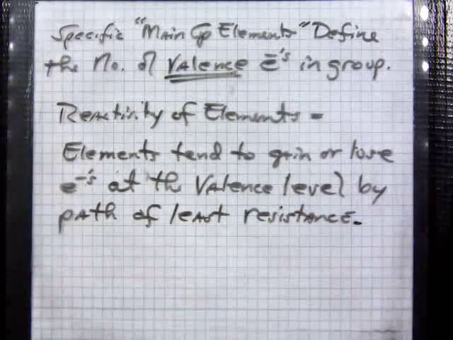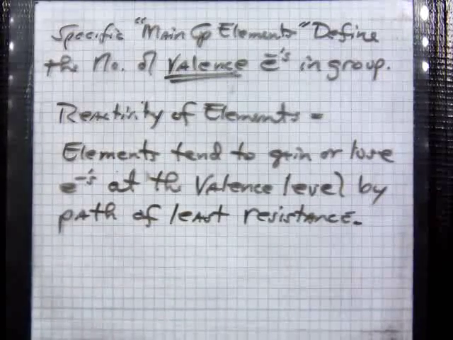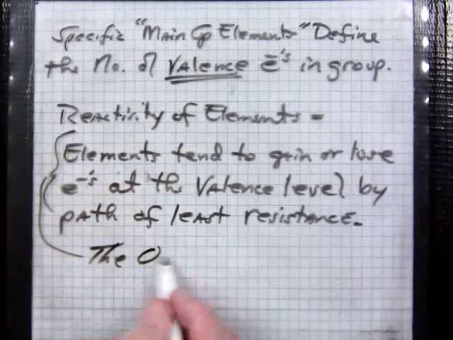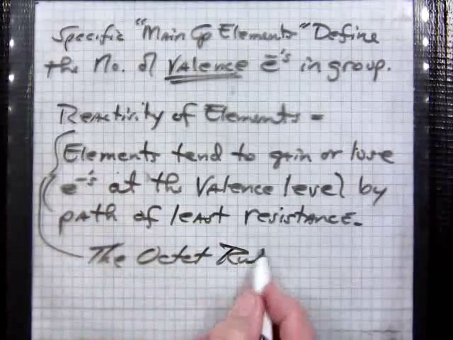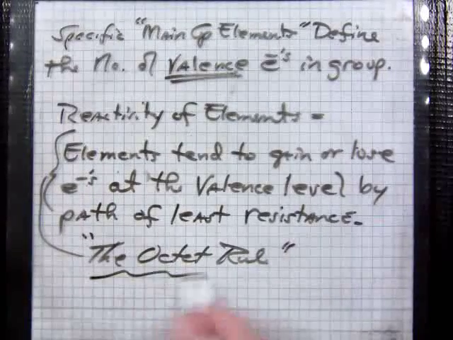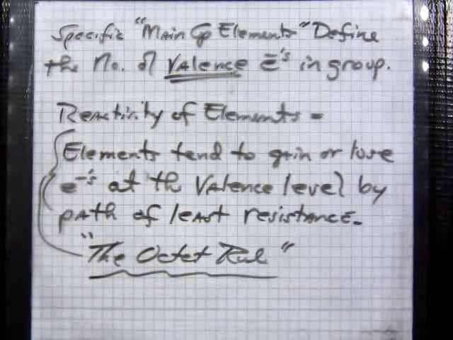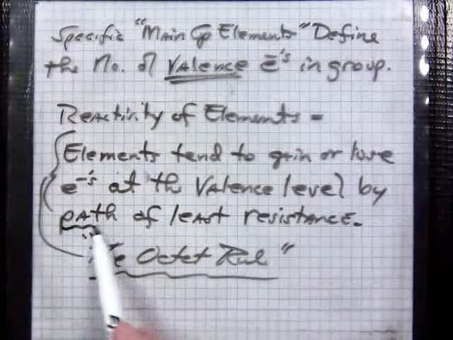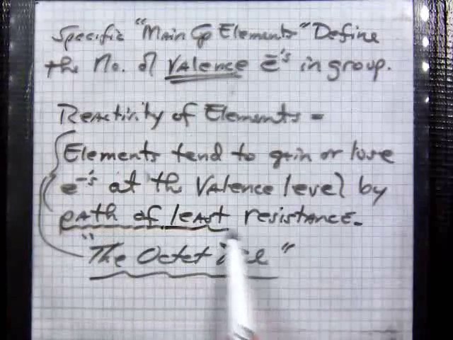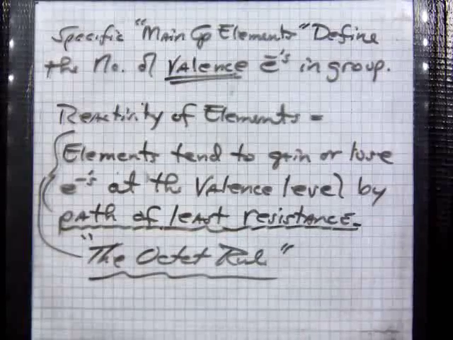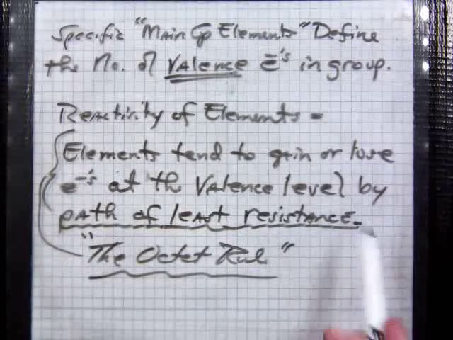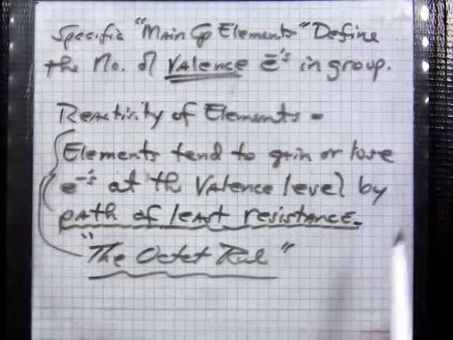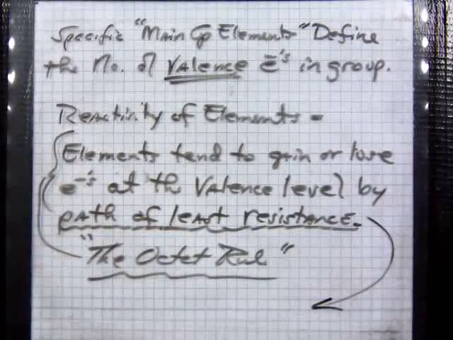This is formally called the octet rule for main group elements. The operative note here is path of least resistance. Okay, and there's one other thing I need to put in here. Elements tend to gain or lose electrons at the valence level by path of least resistance to achieve a noble gas configuration.